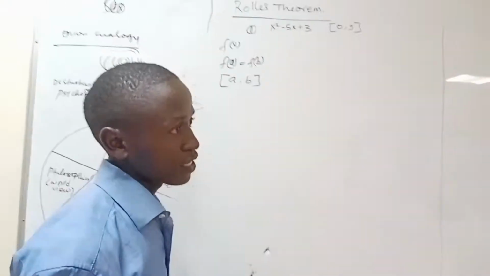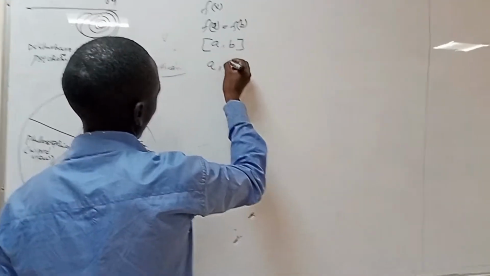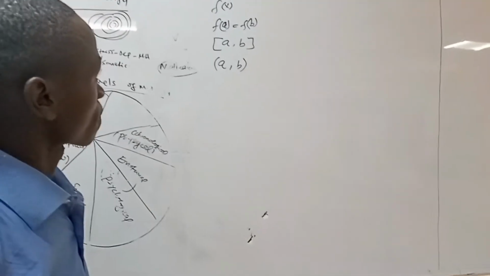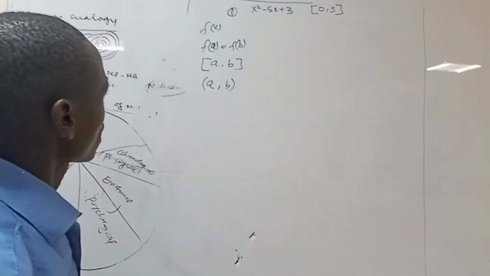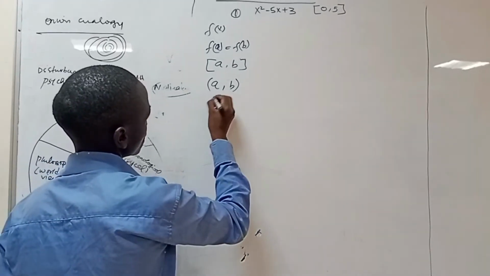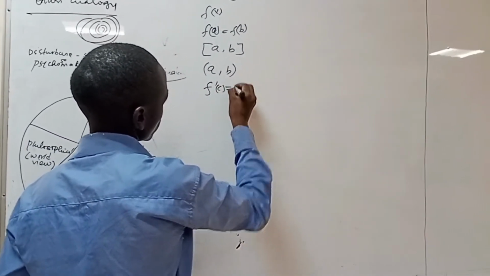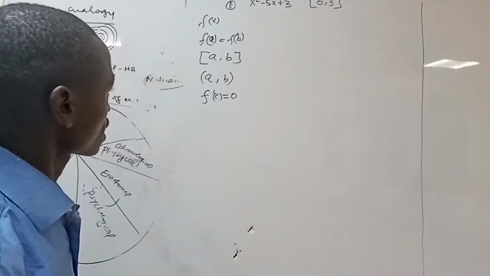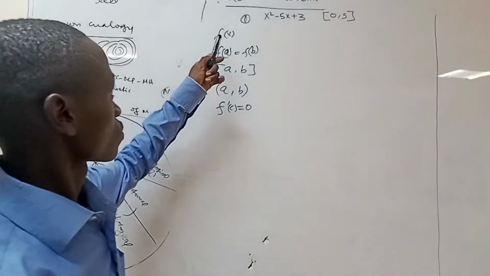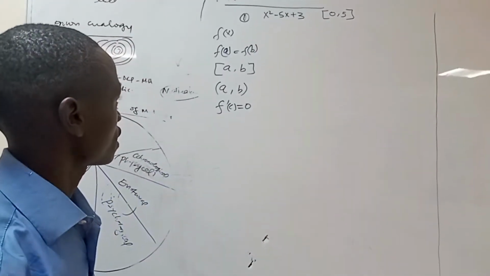And again, the last condition is that it should be differentiable on the closed interval a and b. Then let's check whether it adheres to this. Then you have to know that f prime of c should be equal to 0. If you differentiate the function at point c, for us to say that it is a Rolle's, it means the derivative at c is 0.